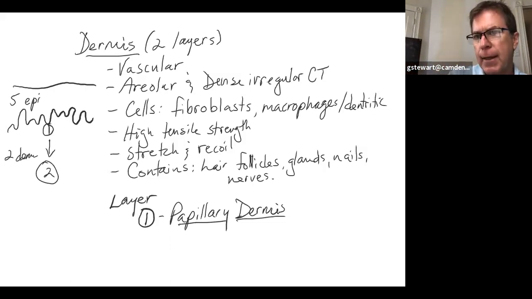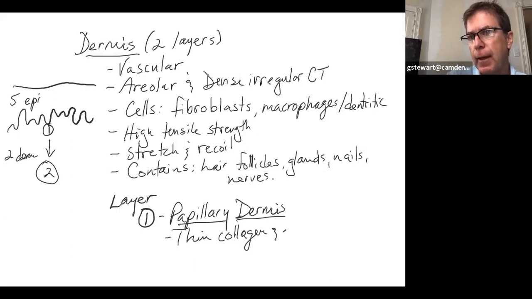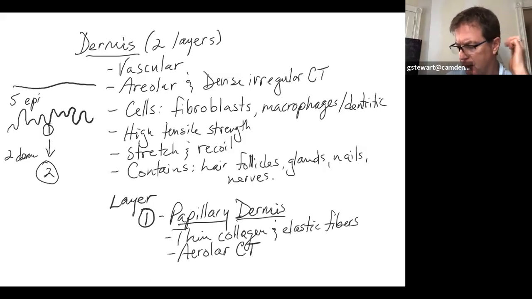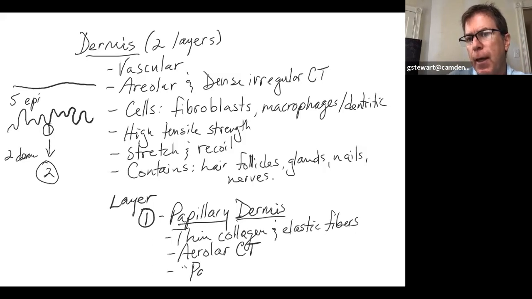Papillary dermis is basically thin. It has thin collagen and elastic fibers. This is mostly areolar connective tissue. There are structures in this area called dermal papilla, P-A-P-I-L-L-A-E, that's plural.